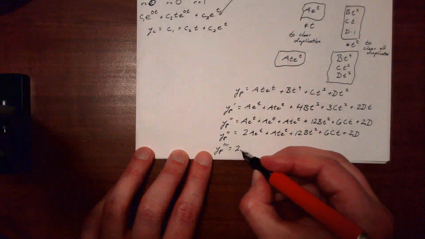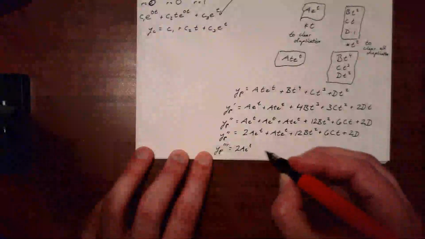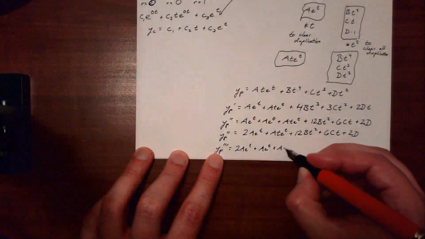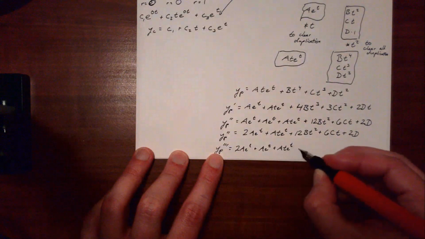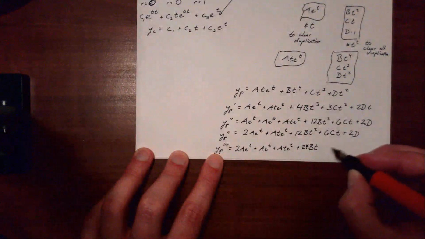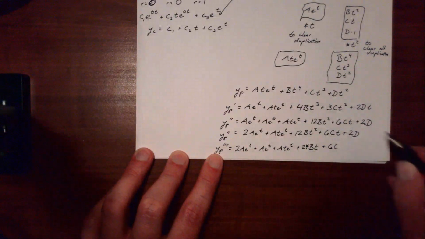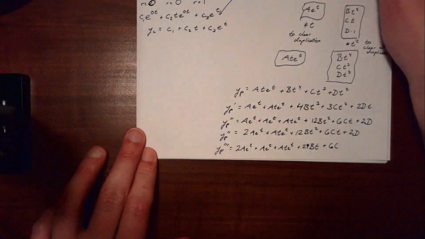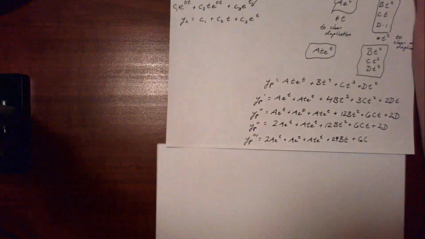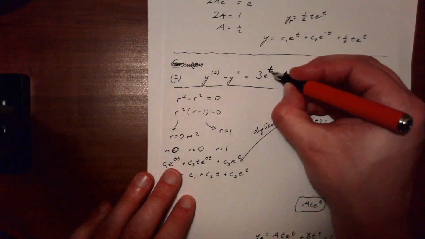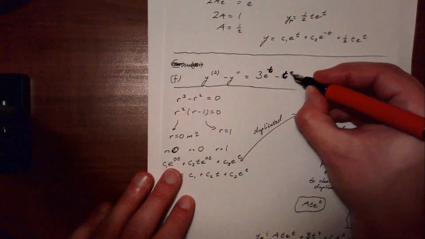We're going to get 2a e to the t plus a e to the t plus a t e to the t plus 24bt plus 6c, and then the d term will have disappeared. And this, once again, is 3 e to the t squared.